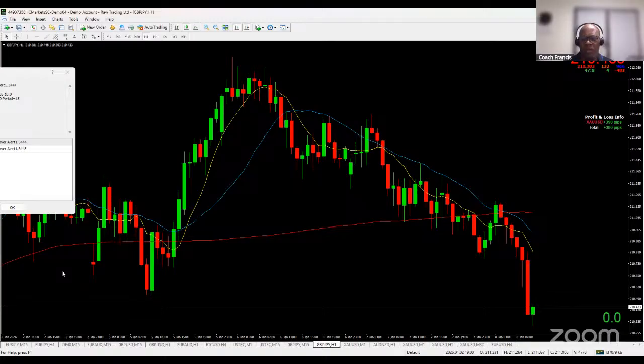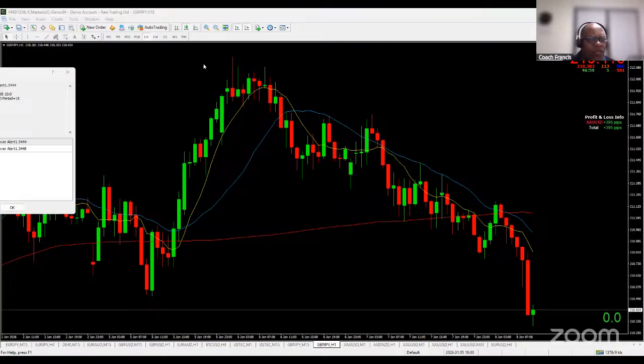This is the 1 hour time frame. Overall it is bullish, but as you go to the lower time frames, you see that it is doing a correction.